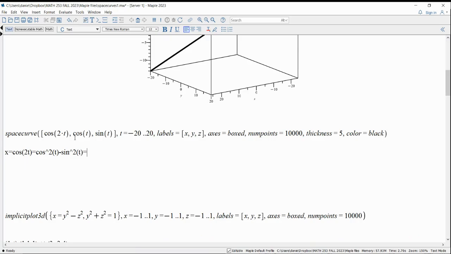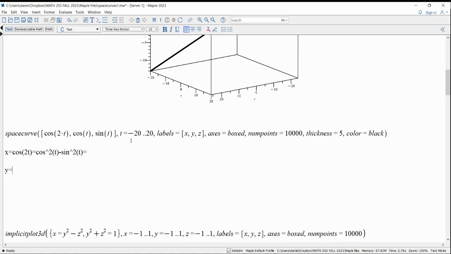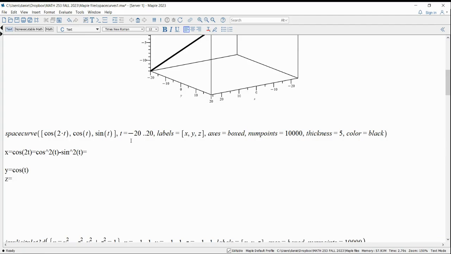And because y and z are cosine of t and sine of t respectively, you could say that then x is actually y squared minus z squared. And on the other hand, y and z together lead to the fact that y squared plus z squared is equal to 1.